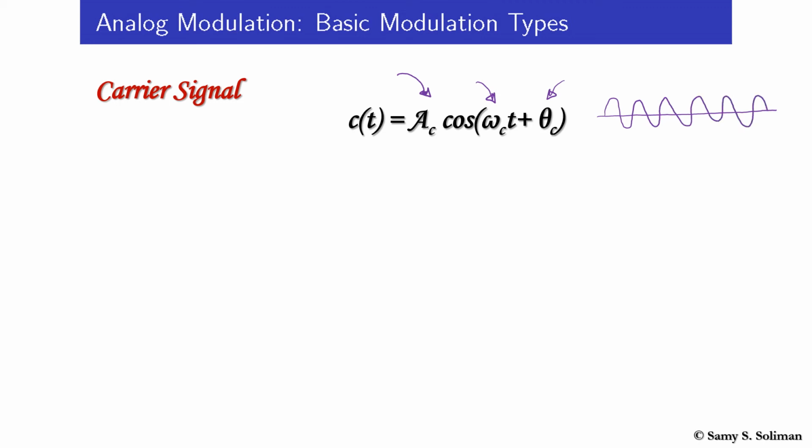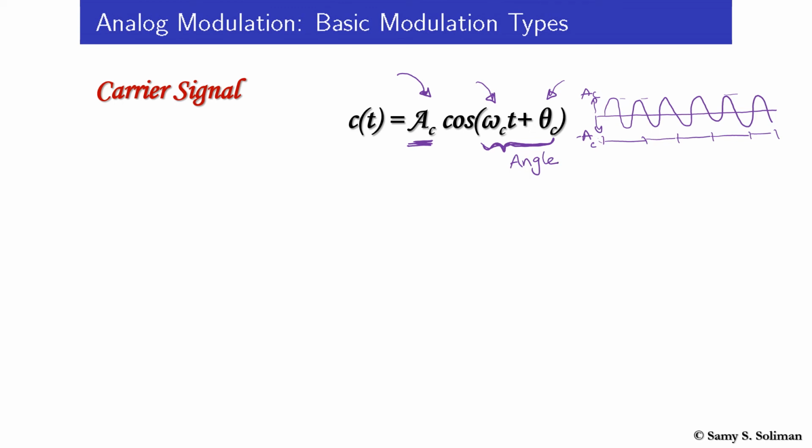The frequency is fixed, which means that we have a repeating pattern with the same period that does not change with time. We have the amplitude here. The highest possible amplitude is A_c, the lowest possible amplitude is negative A_c, and theta represents the initial phase. Sometimes we refer to that as the amplitude, and the whole argument of the cosine function we refer to as the angle.